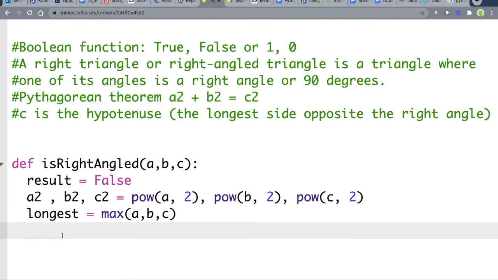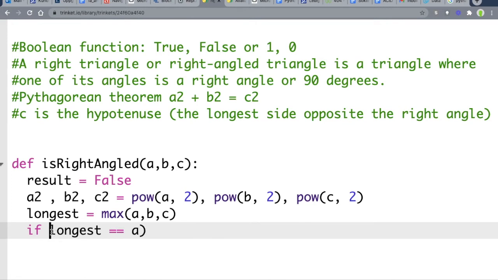So we check three conditions. First condition is we check whether longest is equal to A. So this is the first condition.